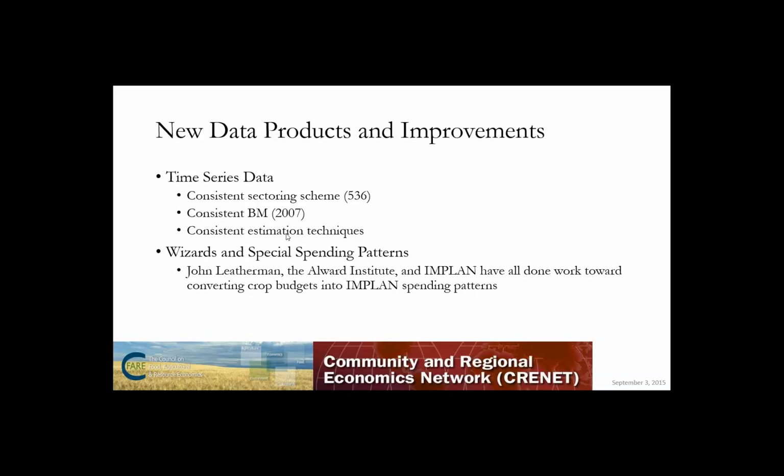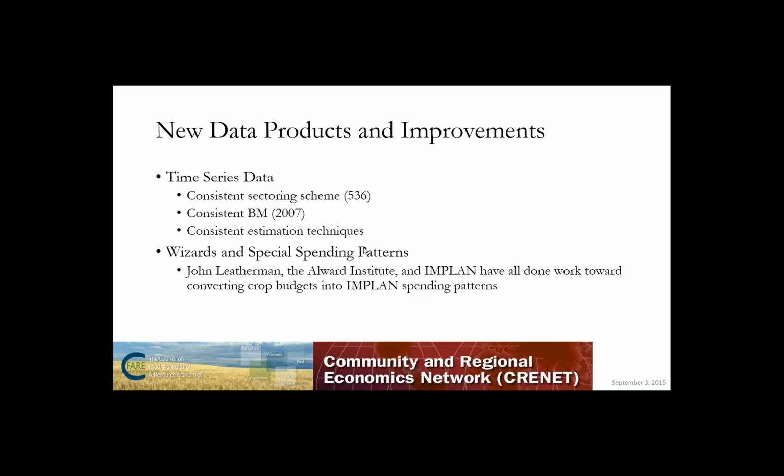We'd also like to have more special spending patterns, and I in the past have done some work on this at IMPLAN to use enterprise budgets to get some spending patterns for more specific crops, say irrigated versus dryland crops and this type of thing, but they never quite came to fruition.